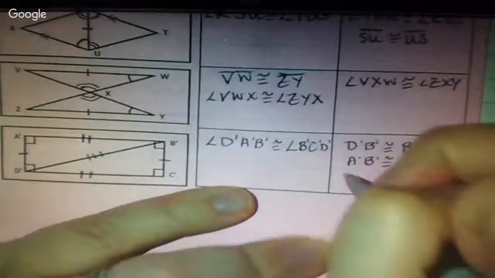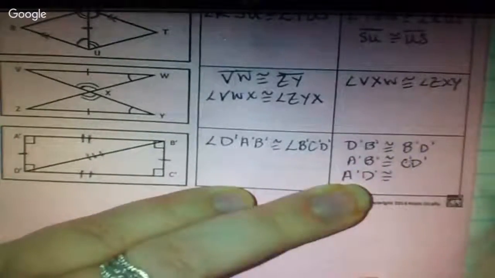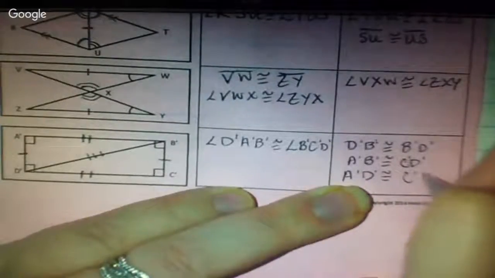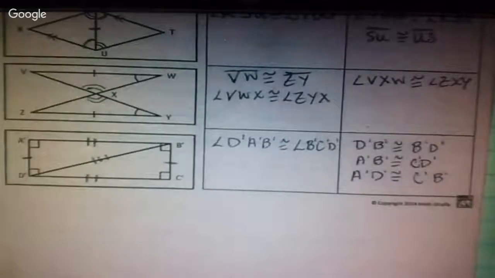Or you can give me that A prime D prime is congruent to C prime B prime. Okay, any of those would work. And again, you can use a multitude of postulates here because of the fact that there is a rectangle, so you know multiple different things with a rectangle.